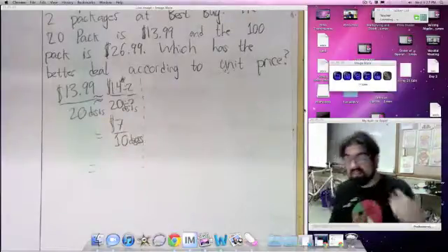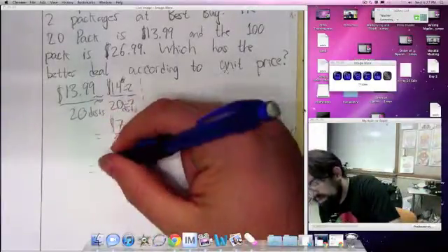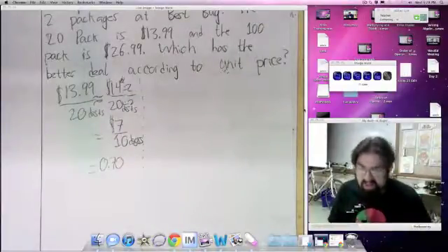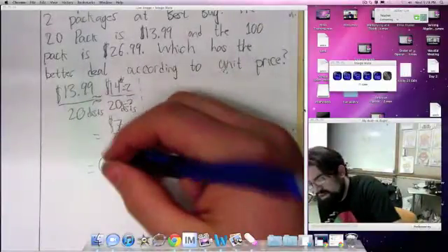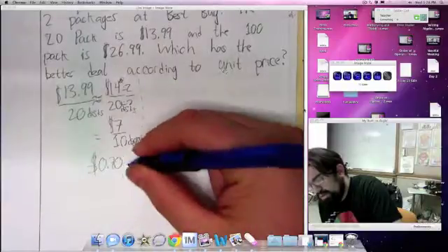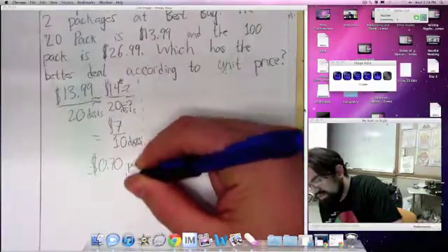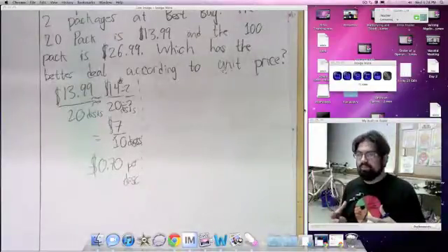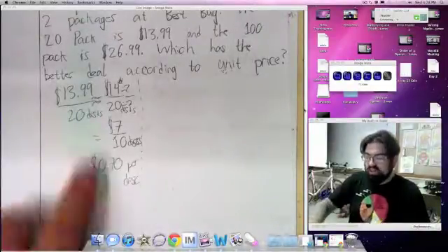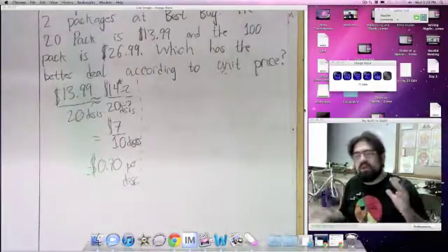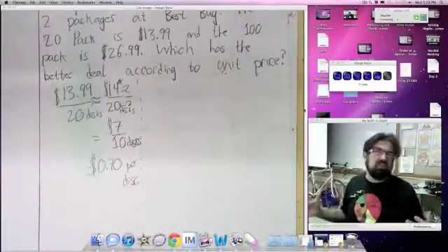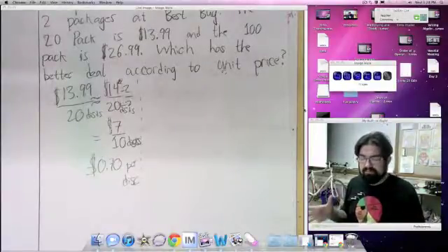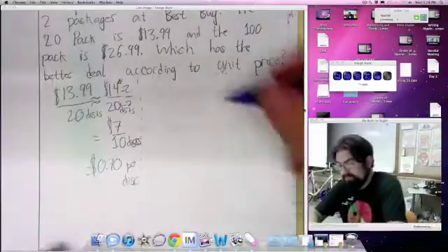As a decimal, that is 0.7. I'm going to put another 0 because it's money. So that's about 70 cents per disc. That's what you're paying for that one, about 70 cents per disc. The $13.99 would maybe be 69 cents. That's rounding, called a rounding error. That's okay. Let's check the other one.